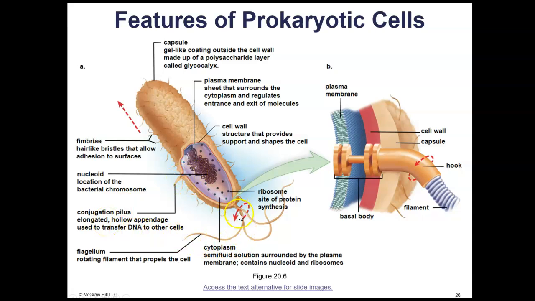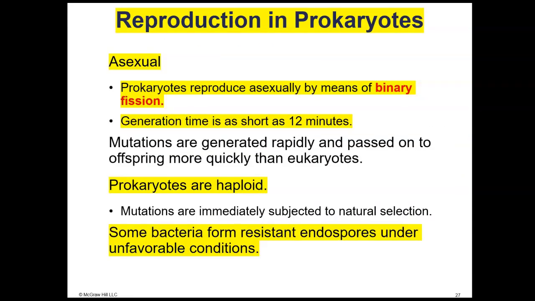The flagellum helps it to swim. Ribosomes synthesize proteins. The blue layer here is the plasma membrane. The red layer is the cell wall. And the light brown layer is the capsule made up of a glycocalyx.